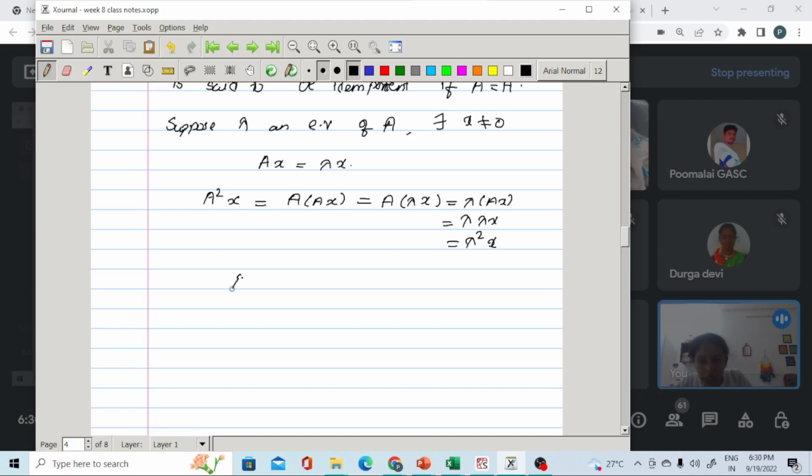And also we know that since A is idempotent, A square equals A. So for the same x we can write A square x equals Ax.